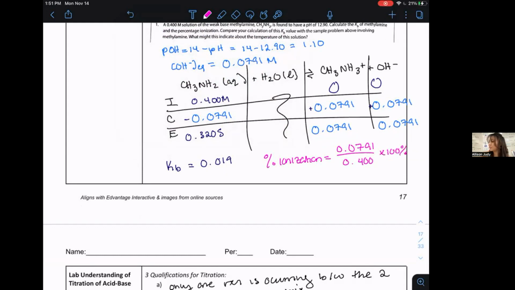And what do you guys get for this math? What was your percent ionization? The concentration of the OH minus base ion produced over the initial. What did we get? 19.8%. Great.